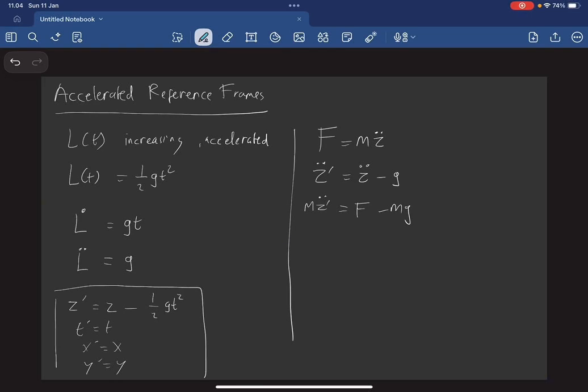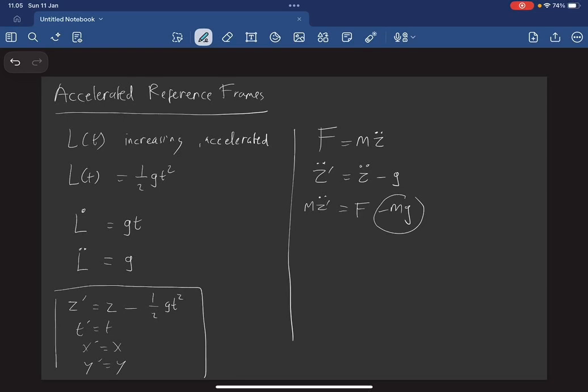What is interesting about the fictitious force mg in this equation is that it looks exactly like the force exerted on the particle by gravity on the surface of the Earth or the surface of any kind of large massive body. That is why we call the acceleration g. The letter g stood for gravity. It looks like a uniform gravitational field.